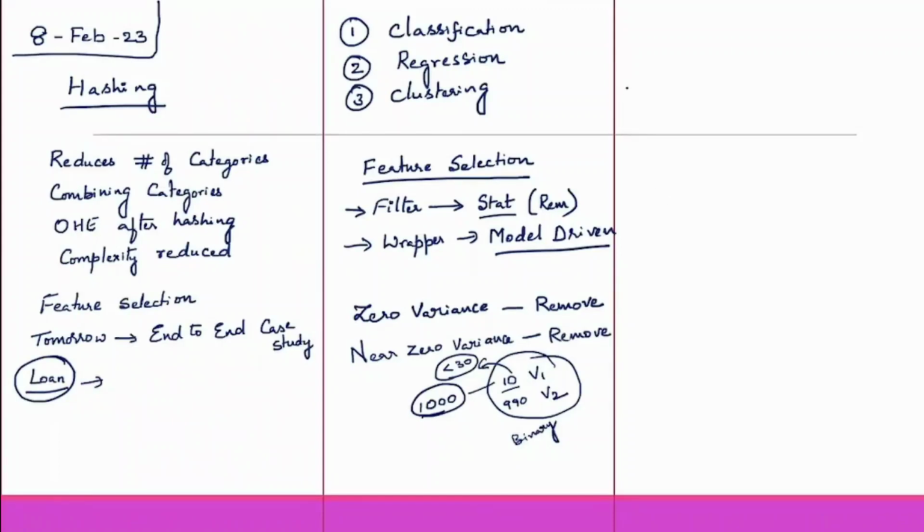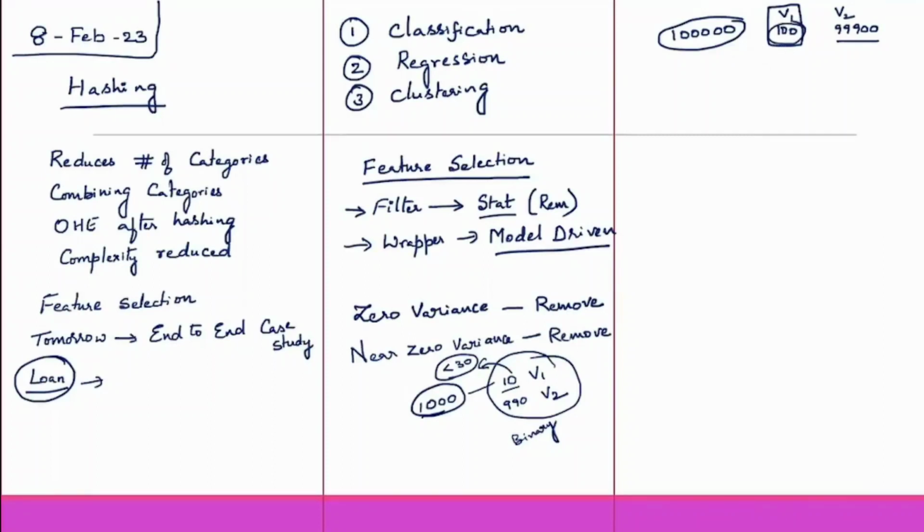But sometimes what could happen is, let's say we talk about 1 lakh records instead of 1,000. Probably 100 are from V1, and 99,900 are from V2. Now, in our initial process, we are not deleting them. But in a large data set, this 100 may or may not be of significance.